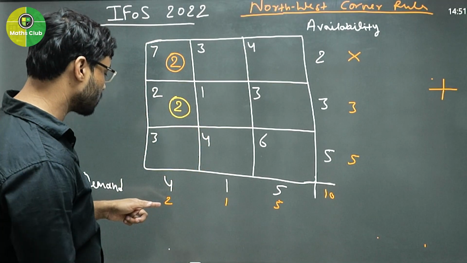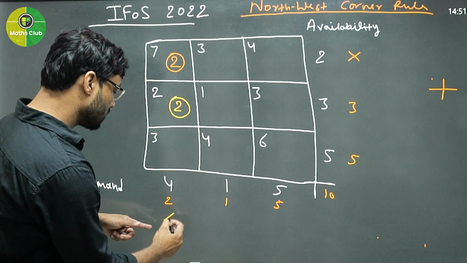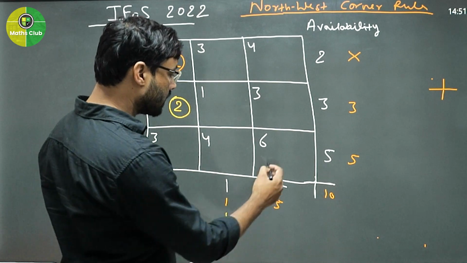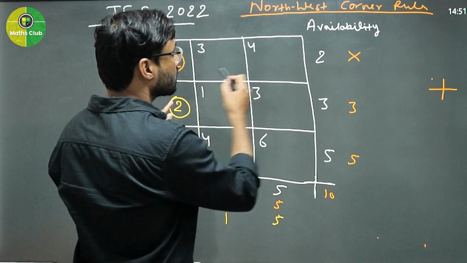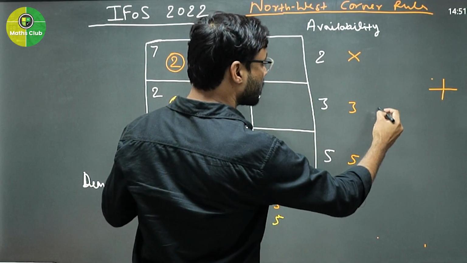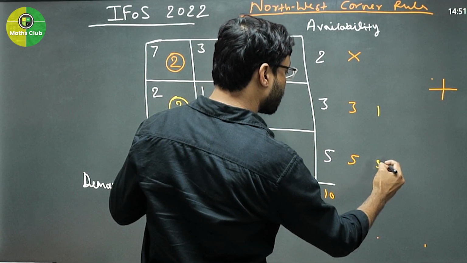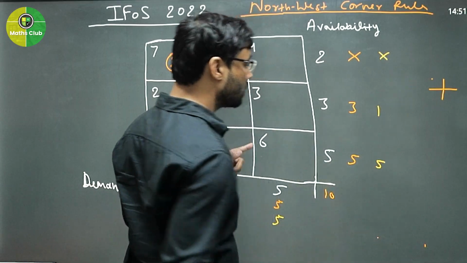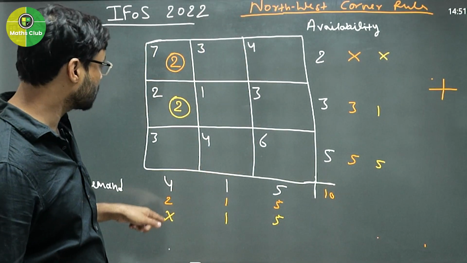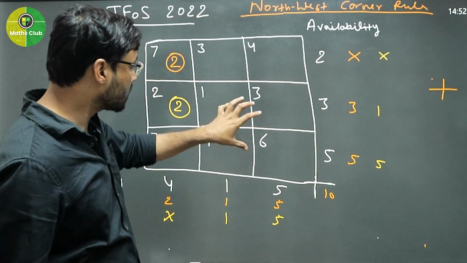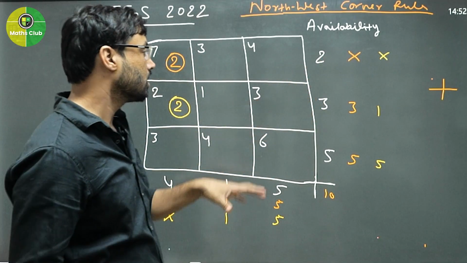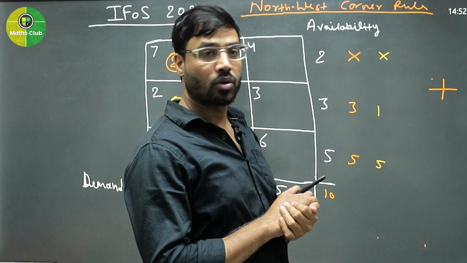Again update everything: this column is finished, and the remaining supply is 1, then 5, and the cancelled row stays cancelled. One column and one row have been finished, so in the remaining four cells we repeat the same process by the northwest corner rule.